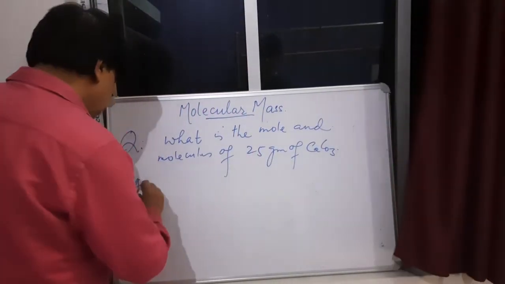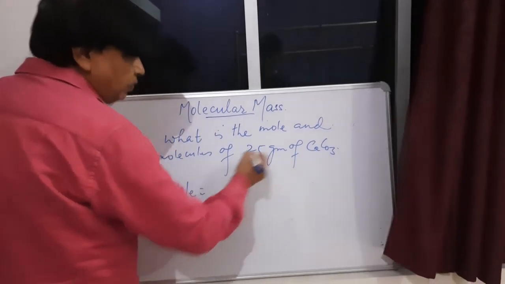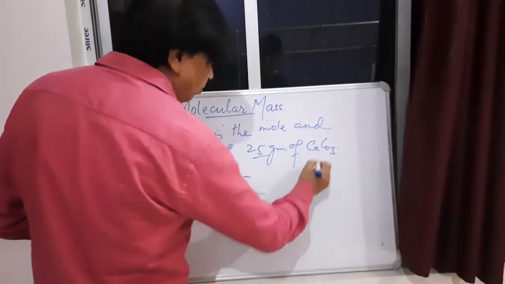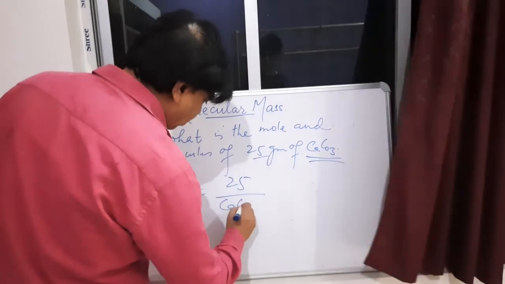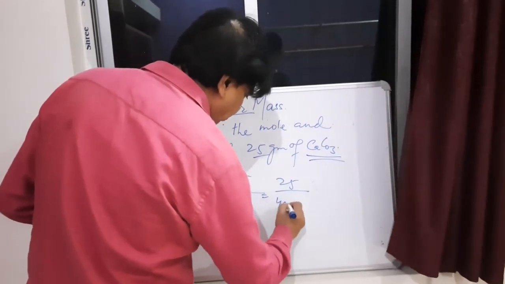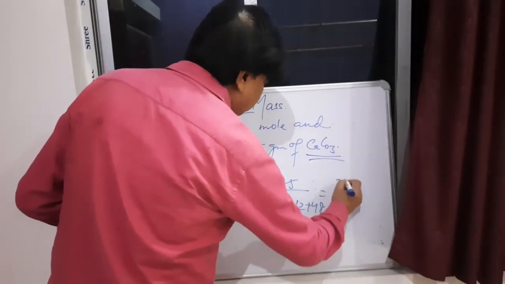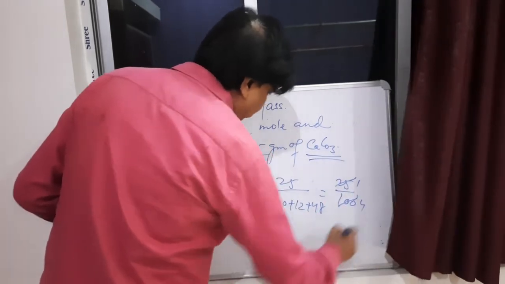Answer: mole is equal to weight of given substance, that is 25, divided by the molar mass of calcium carbonate, CaCO3. That is 25 by 40 plus 12 plus 48, that is equal to 25 by 100, 1 by 4 mole.